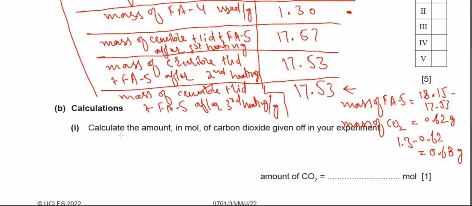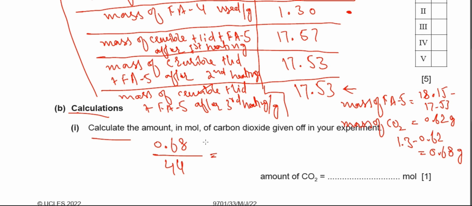Then going for the calculation, calculate the amount in moles of carbon dioxide. These are very simple steps. Now how? We know that by dividing the mass loss, or mass of carbon dioxide, which we calculated last, by the molar mass of carbon dioxide, which is 44, we will get the answer. So 0.68 divided by 44, which is the molecular mass.